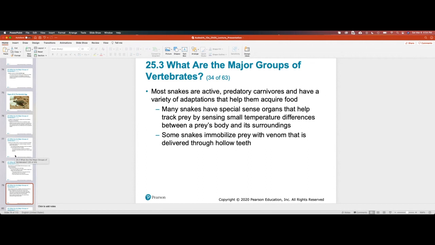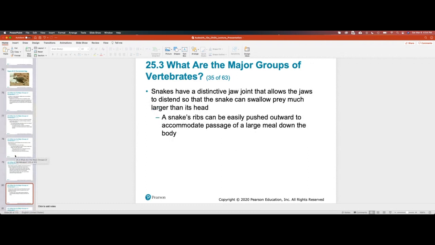The heat difference can cause it to light up from the background. It also helps them hunt at night, since you're going to see a larger temperature difference at night between a warm-blooded animal and its environment.